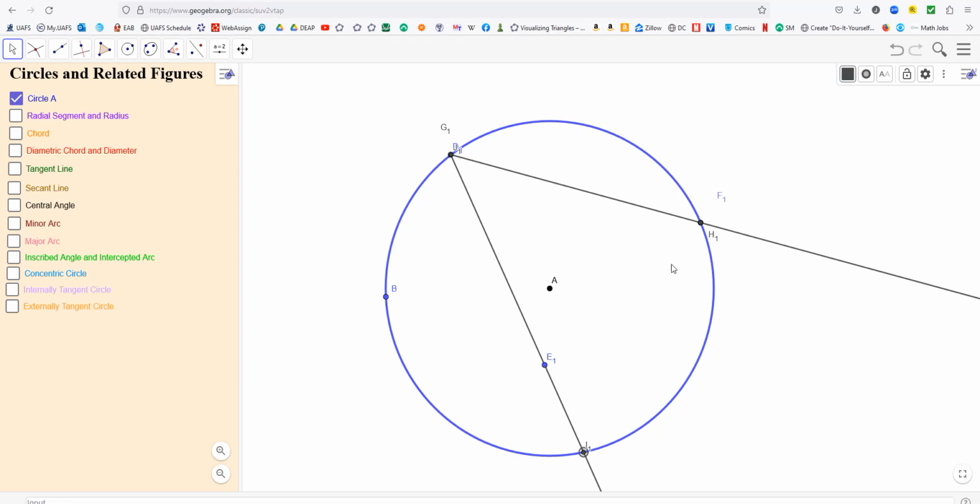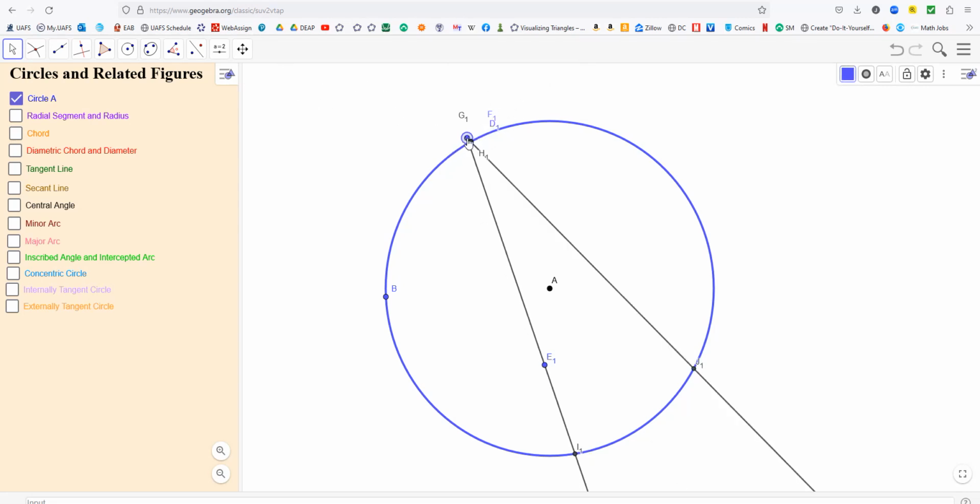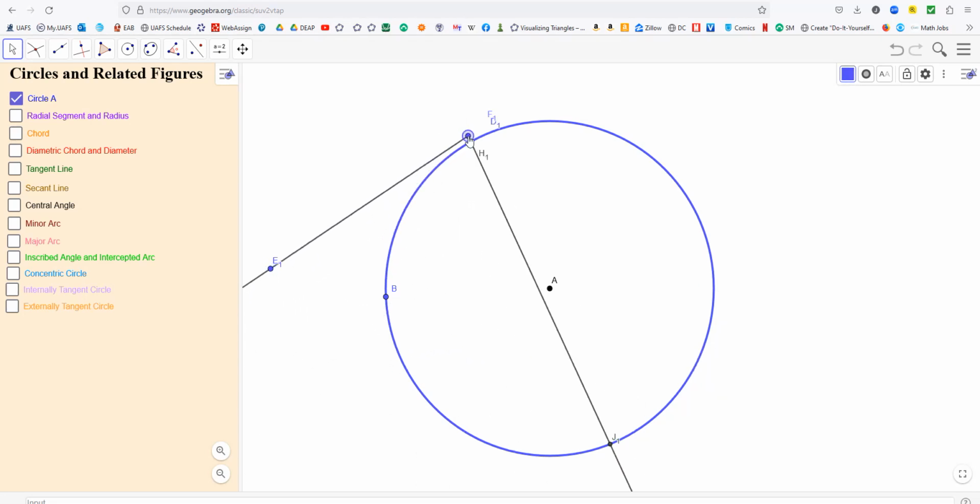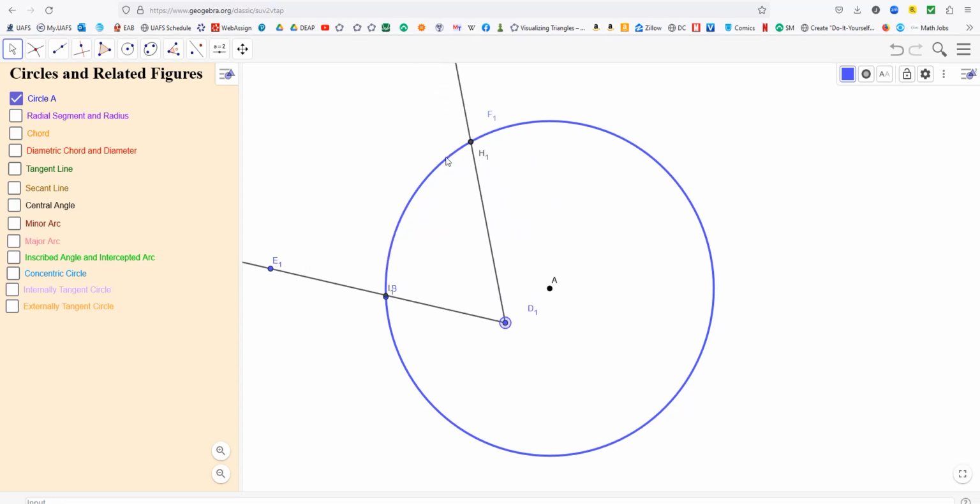It could be kind of tangent like that and intercept the arc. So there's lots of different things, but it's the intersection of the interior of the angle and the circle. That's going to be an intercepted arc.